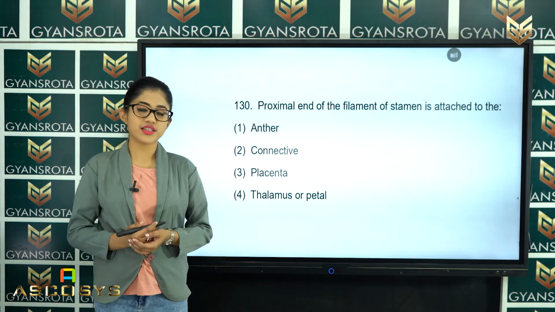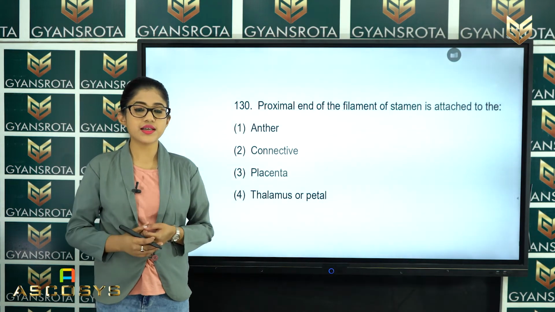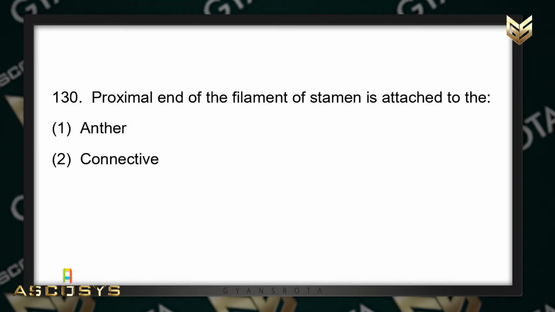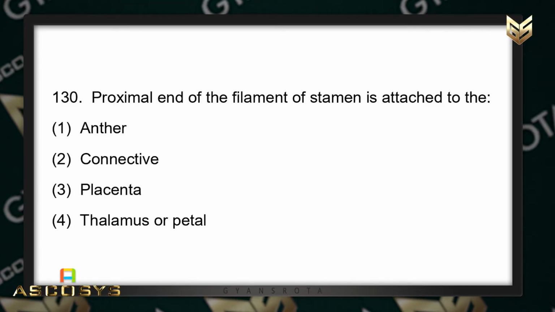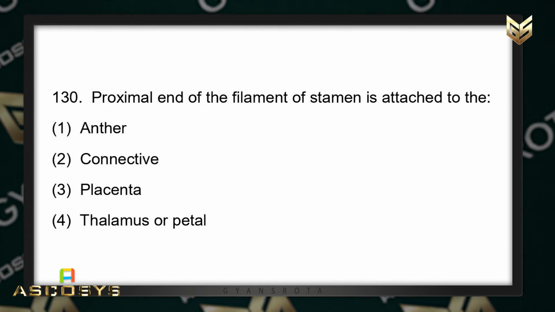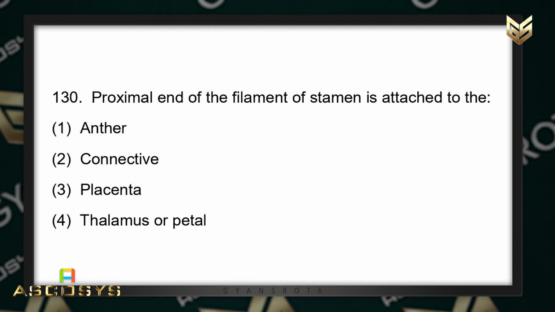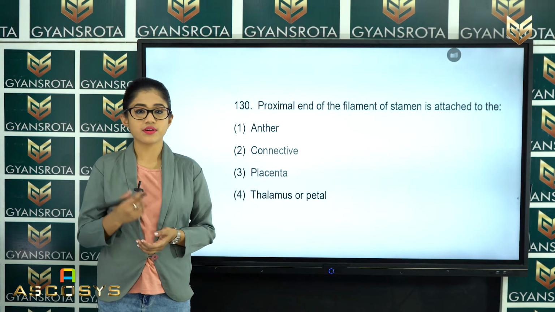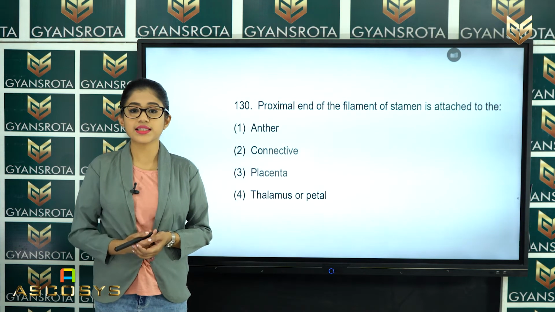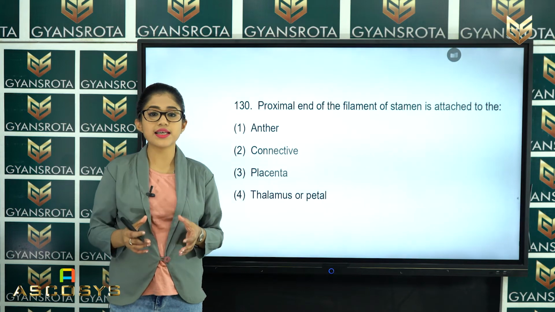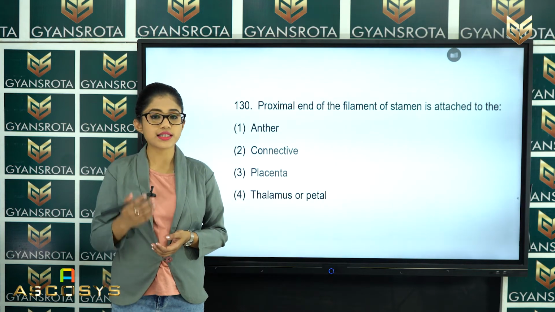Now, the next question is question number 130. You can see here this question. The proximal end of the filament of stamen is attached to the anther, connective, placenta, thalamus or petal. From class 12, in chapter number 2, that is Sexual Reproduction in Flowering Plants, it is very clearly given the diagram of the stamen.